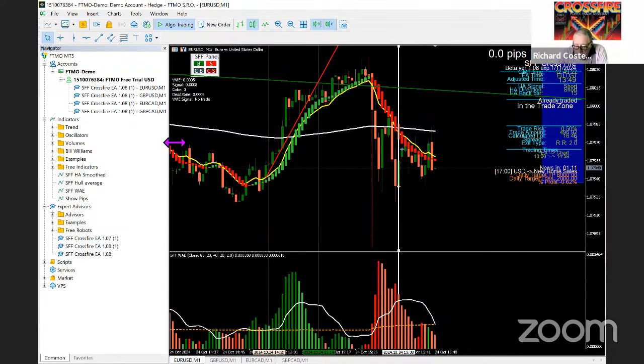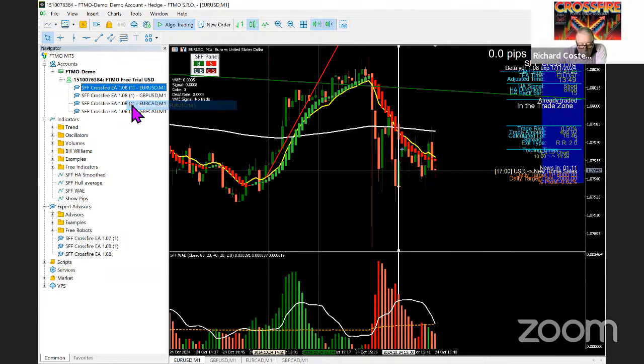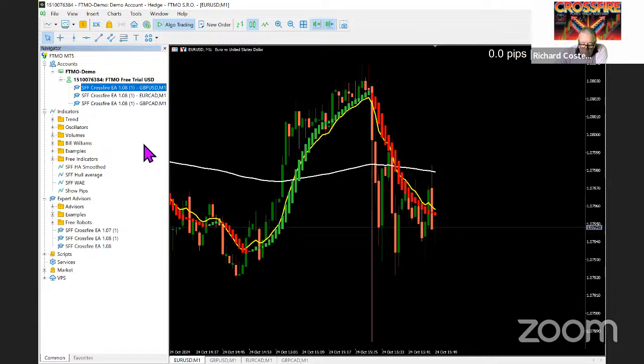If I want to take another trade when conditions are right, I can go to Euro USD in this left-hand panel, right click on that, and remove the EA from Euro USD. I'm going to do that, and it's now removed it. So there is no trading assistant working on Euro USD. The other 3 are still operating, but Euro USD is not.